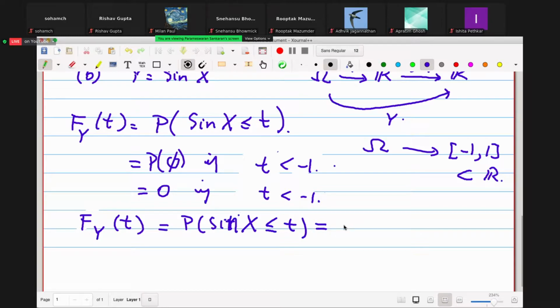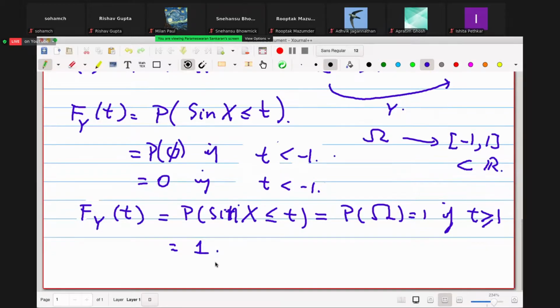This is the probability of the whole space, which is equal to 1 if t is bigger than or equal to 1. Because for any value of omega, sin x of omega is less than or equal to t when t is bigger than or equal to 1. So in this case, this is 1.